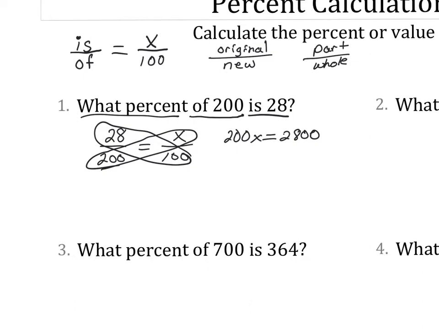And my last step is to divide both sides by 200. So I type in 2800 and divide by 200 and I get 14. Now, because we're talking about percents, we put our percent symbol after the 14. And there's my final answer.